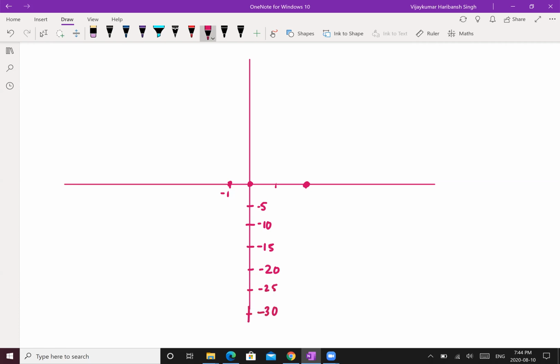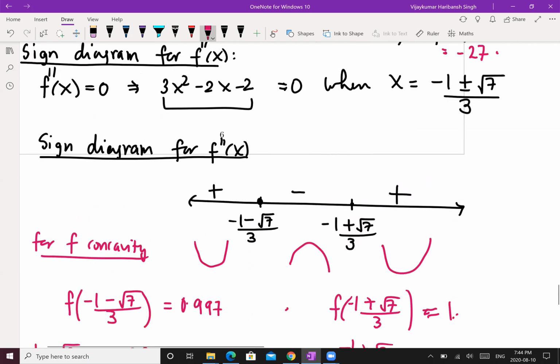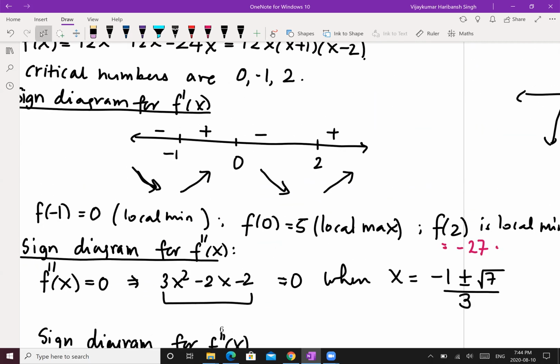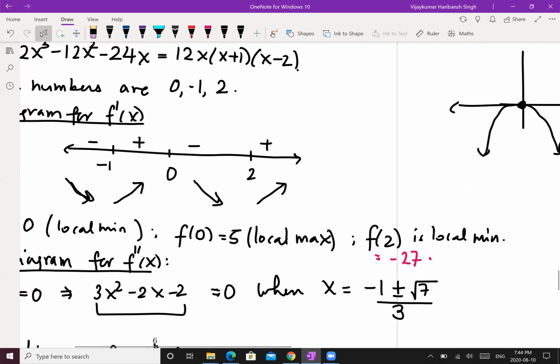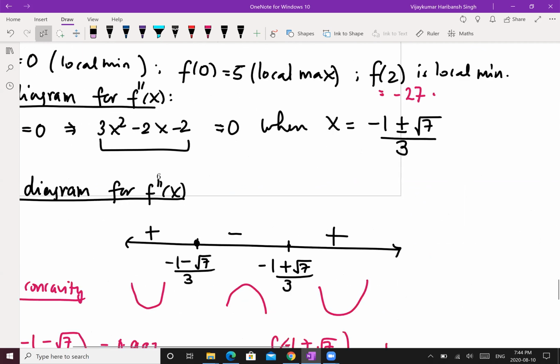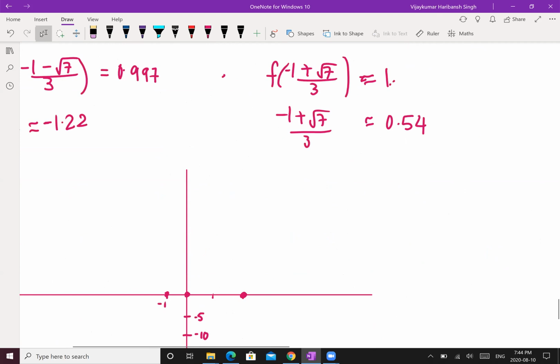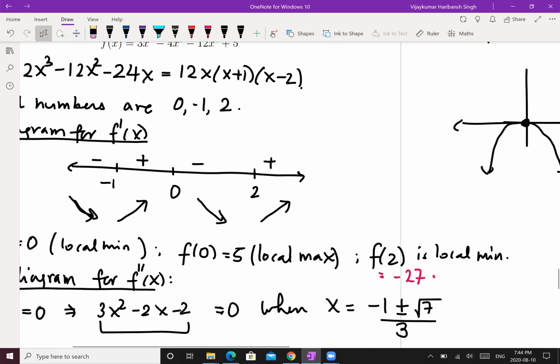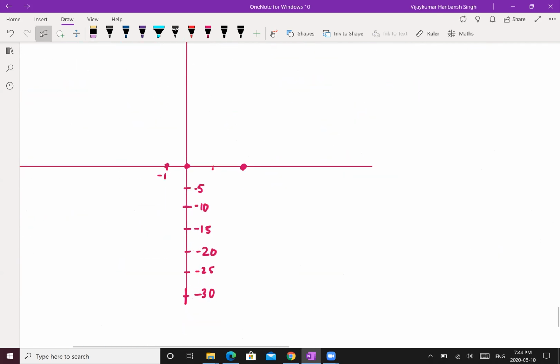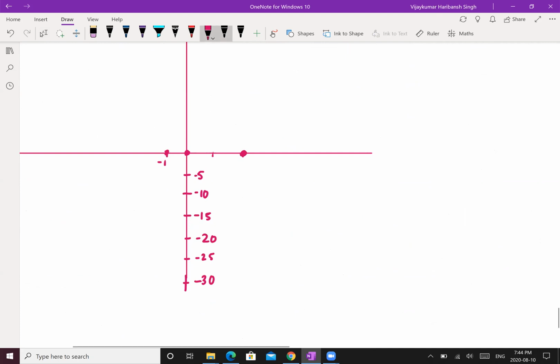The reason for that is because the local minimum f of 2 is minus 27. So f of 2 is minus 27, and that point is going to be somewhere here.